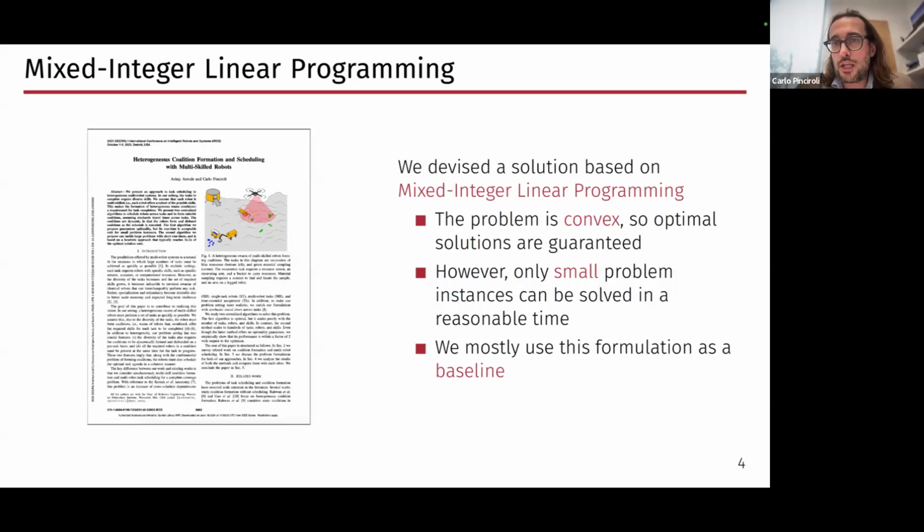It is just to say that because mixed integer linear programs in this specific case can be expressed in a convex way, we have actually the guarantee that the solution will be optimal. But one of the things that we very early on discovered is that only small problem instances can be solved in times that we consider reasonable, which is usually hours. So this algorithm was there just because we needed a baseline, and that's what we did.